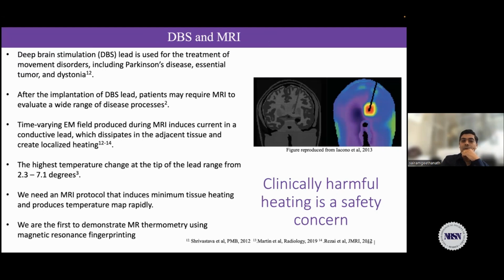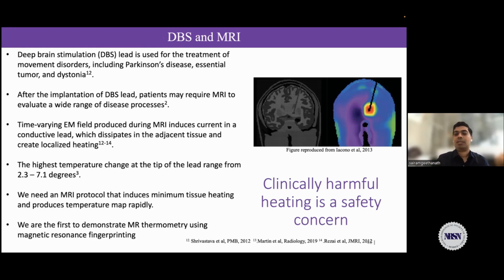It is important to do these scans both safely and efficiently, which translates to an MRI protocol that induces minimum tissue heating. And also, you can use a temperature scout every now and then to make sure that you're not going beyond set limits.